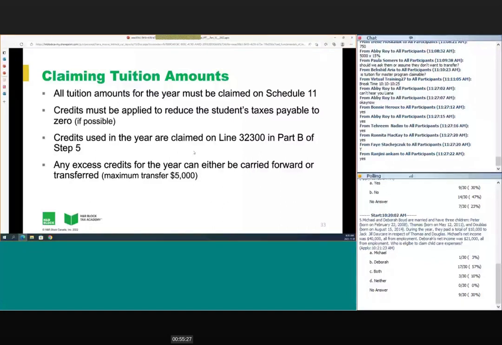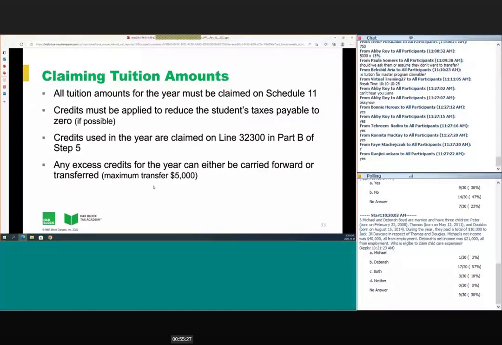So then the credits used in the year are claimed on line 323 in Part B of Step 5, which is the non-refundable section. Any excess credits for the year can either be carried forward or transferred up to a maximum of $5,000. And I just want to reiterate, if a student has tuition credits carried forward from the prior year, these cannot be transferred to a parent, grandparent, or spouse.